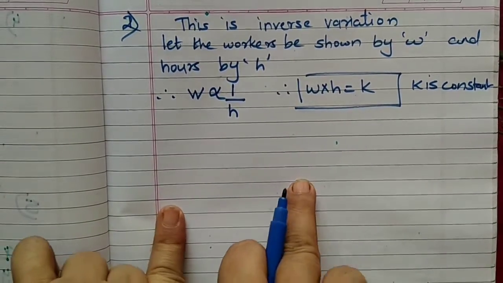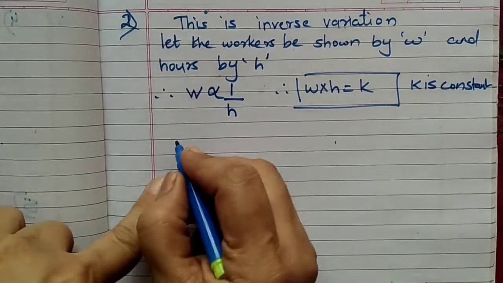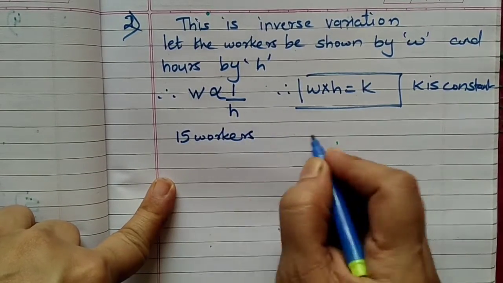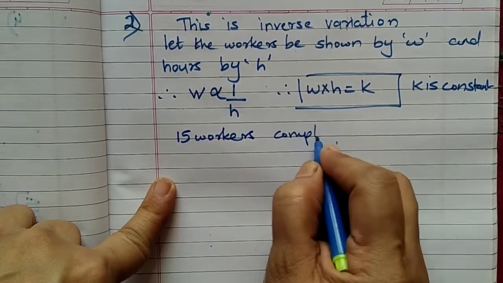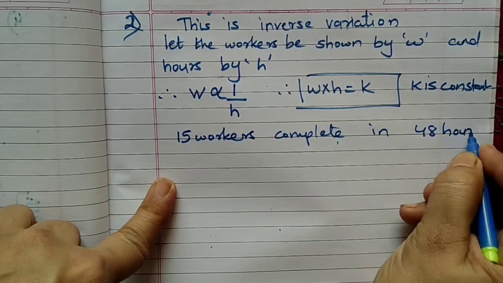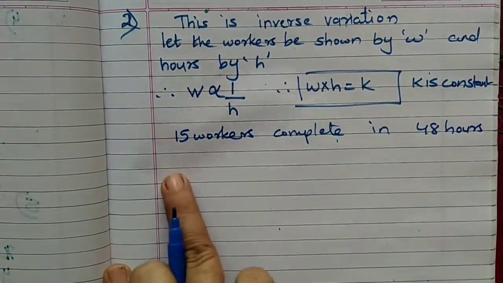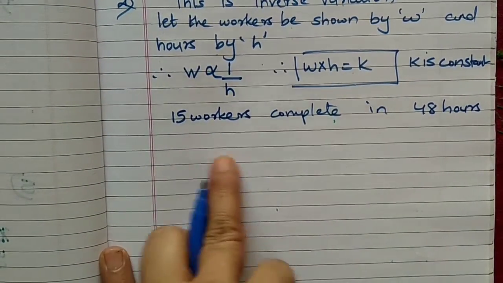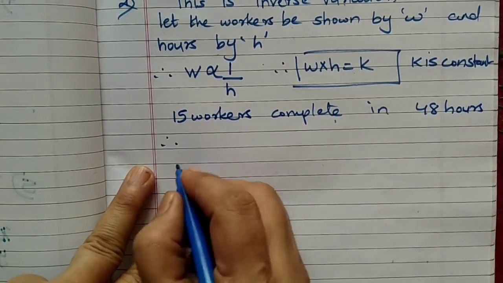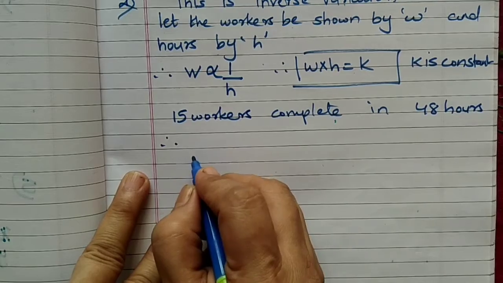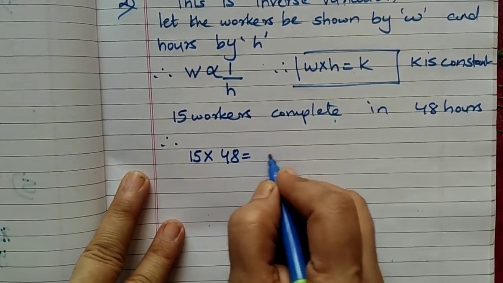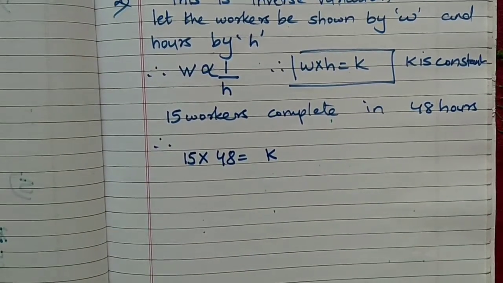Now what they have given us, 15 workers complete in 48 hours. That is our first statement that they have given us. So from here, therefore, what is W? 15 multiplied by hours, 48, is equal to K. That is a constant.